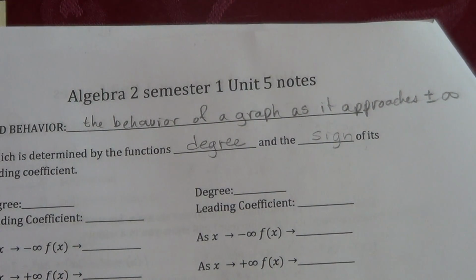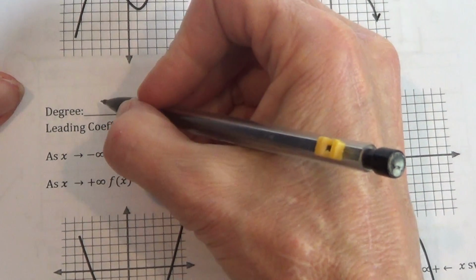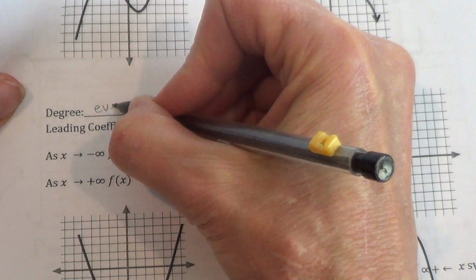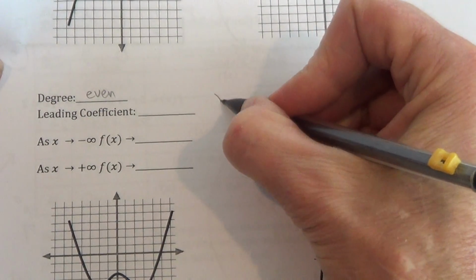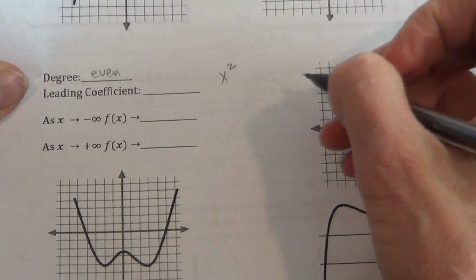Okay, you've all seen polynomial functions in this class when we have a degree that's even. Remember when we were doing transformations, we had x to the second, and we've done a few with x to the fourth.